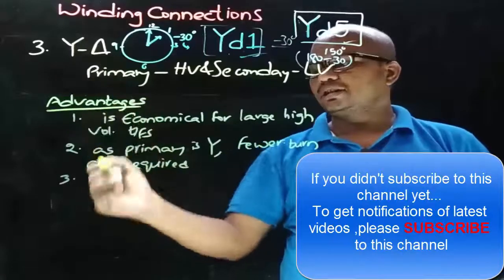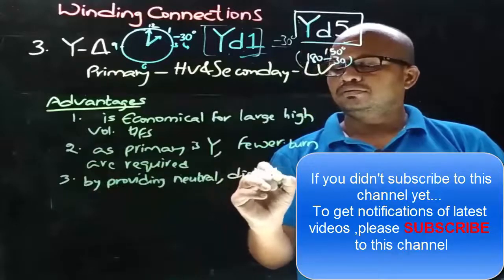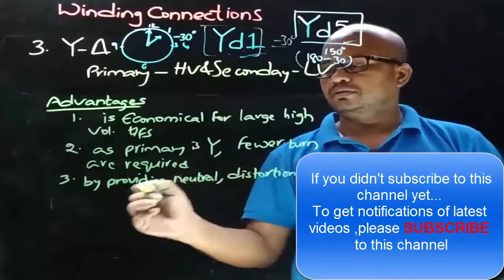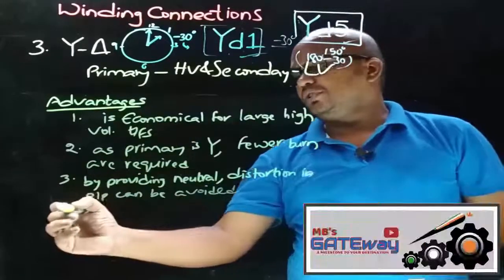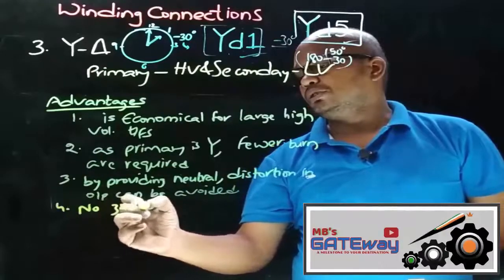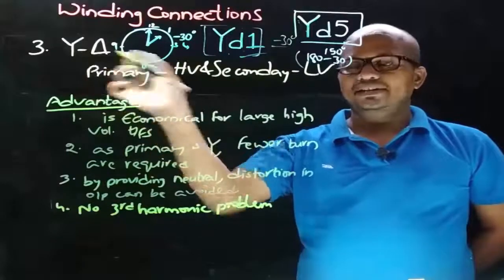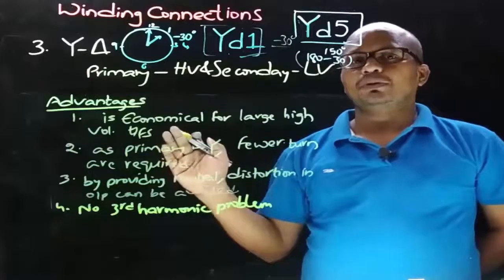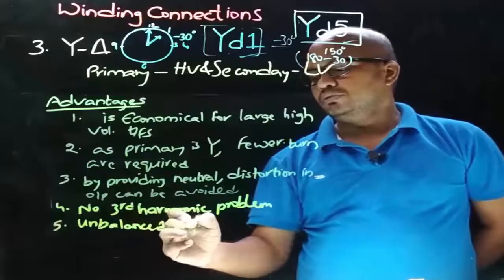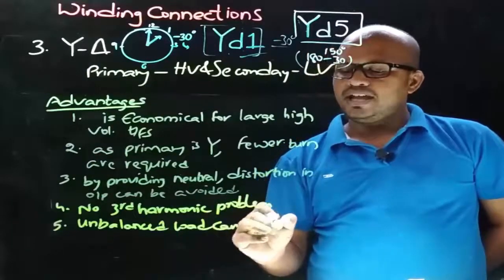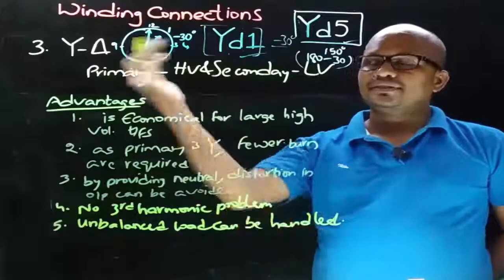And here on primary there is star connection, so by providing neutral connection, distortion in output can be avoided. And here the other advantage is no third harmonic problem, as this type of connection is having delta connection on secondary side, so there will be no third harmonic problem, and unbalanced load can be handled. So these are the advantages of this star delta connection.